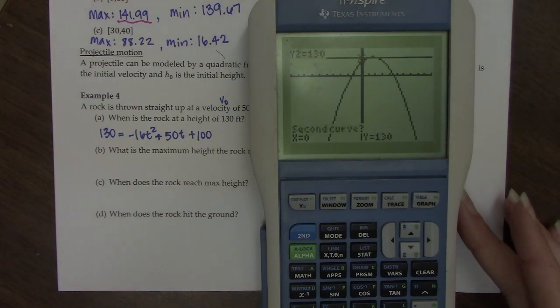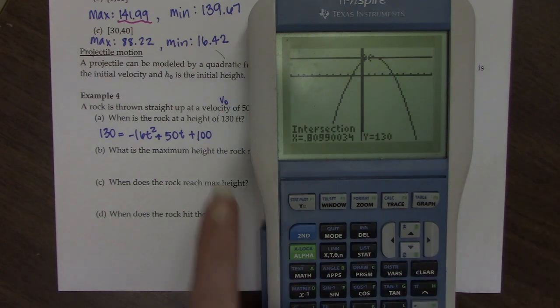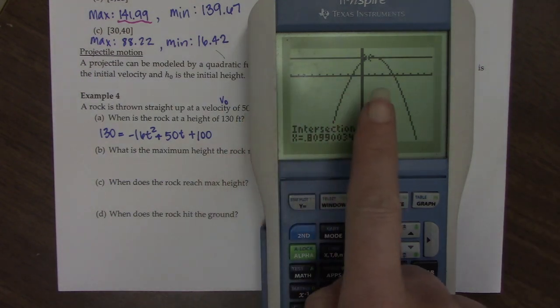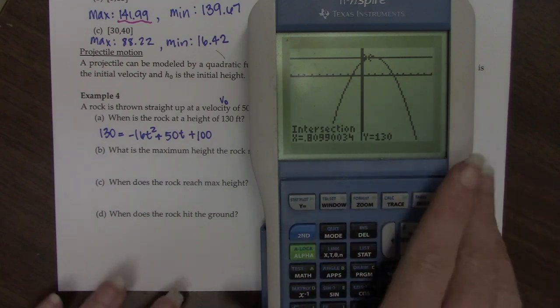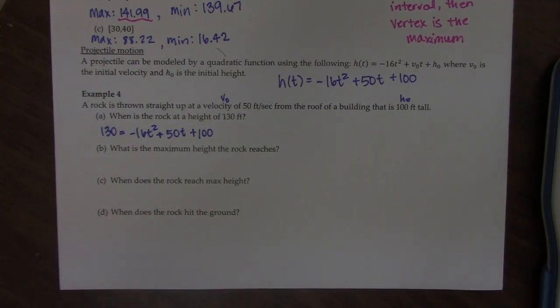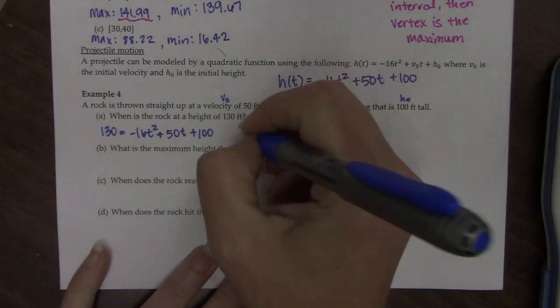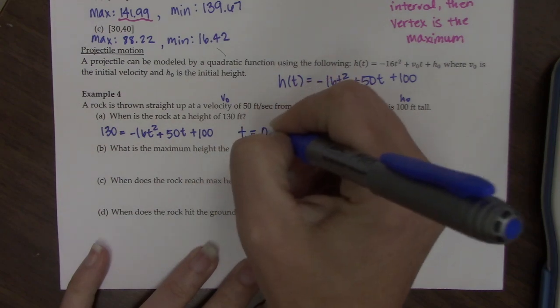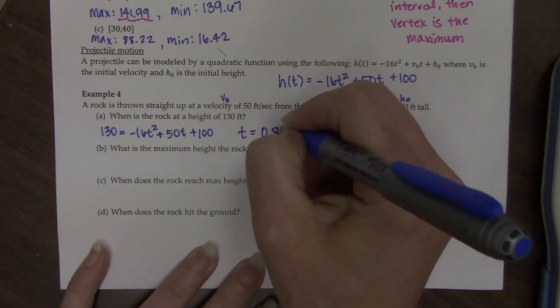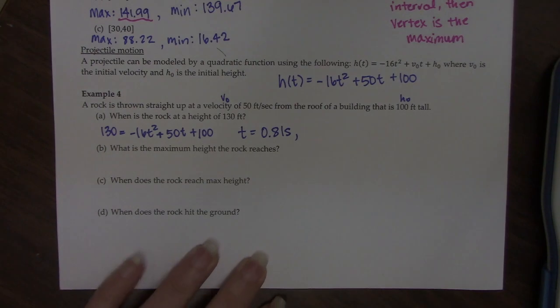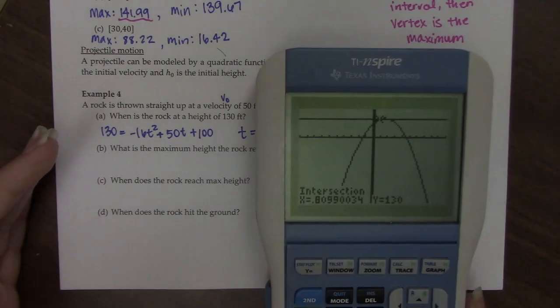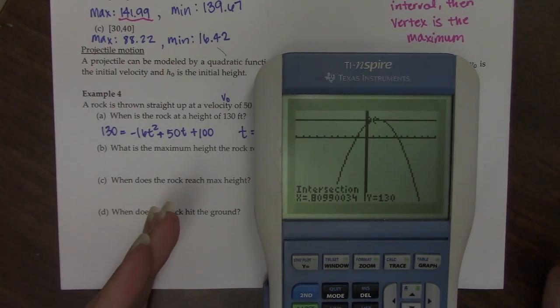It's going to pick the first function, the second function, and by default it's always going to give you the first value coming from the left. So it gives me an intersection of 0.81 seconds.